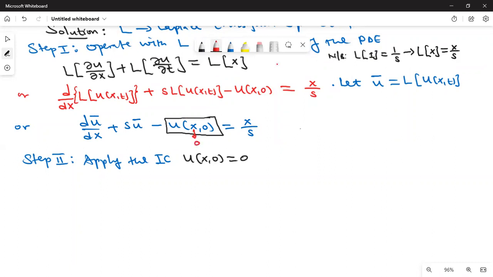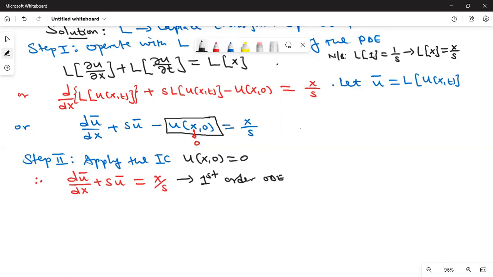So therefore, our equation can now be written as d u bar dx plus s u bar is equal to x over s. This is an ODE, a first order ODE.